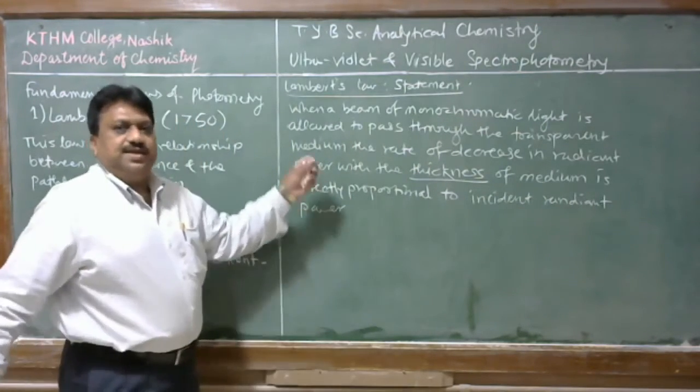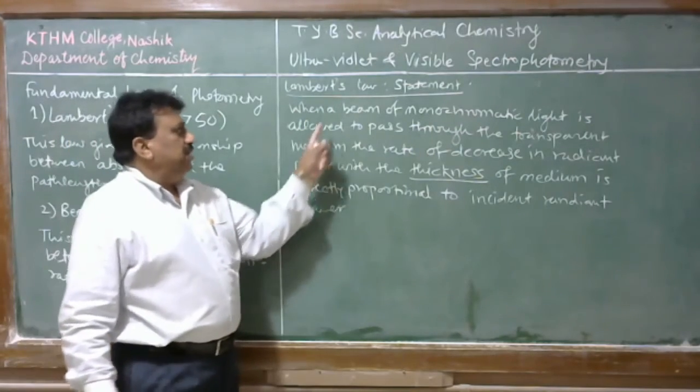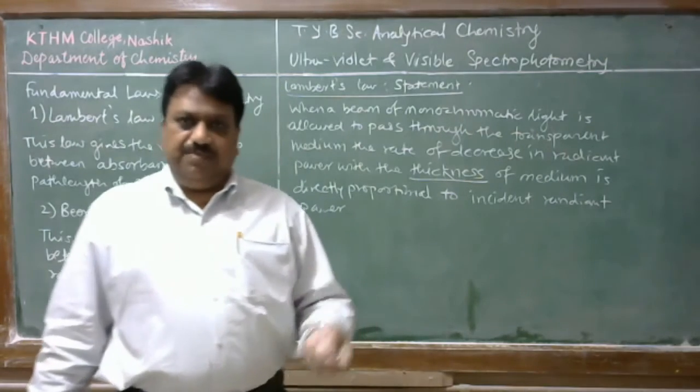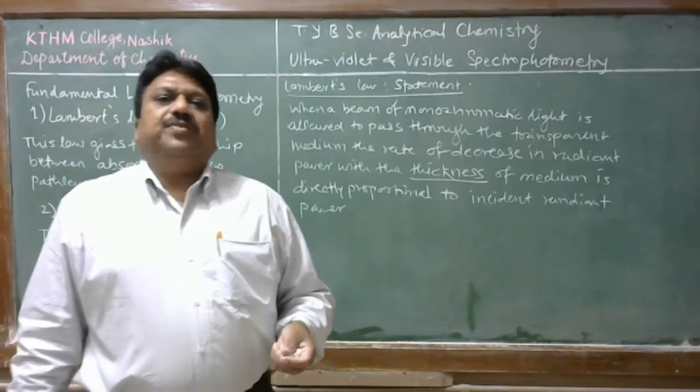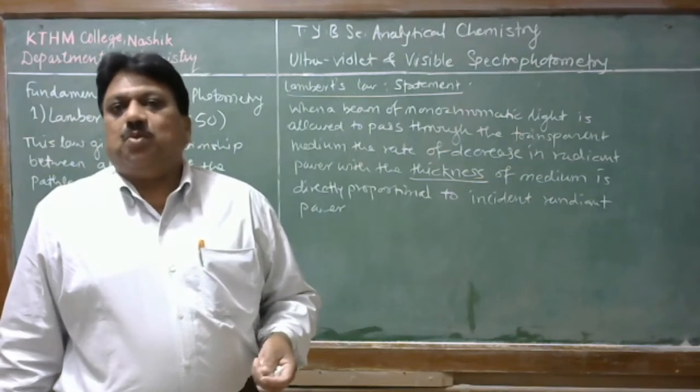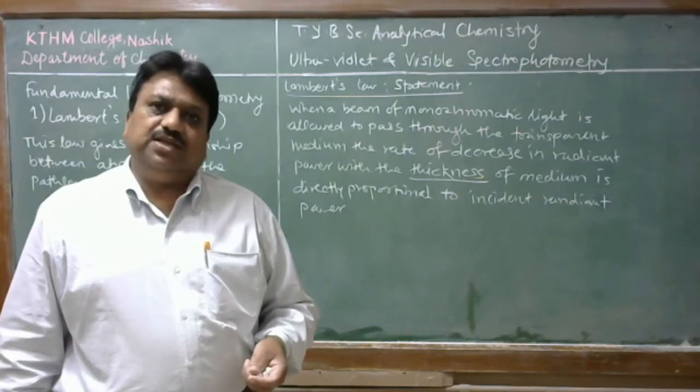Here, according to Lambert's law, when a beam of monochromatic light is allowed to pass through a transparent medium, the rate of decrease in radiant power with the thickness of the medium is directly proportional to the radiant power incident upon the sample.